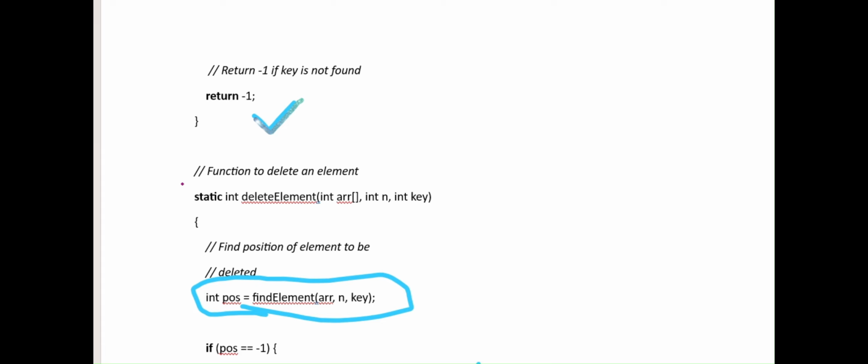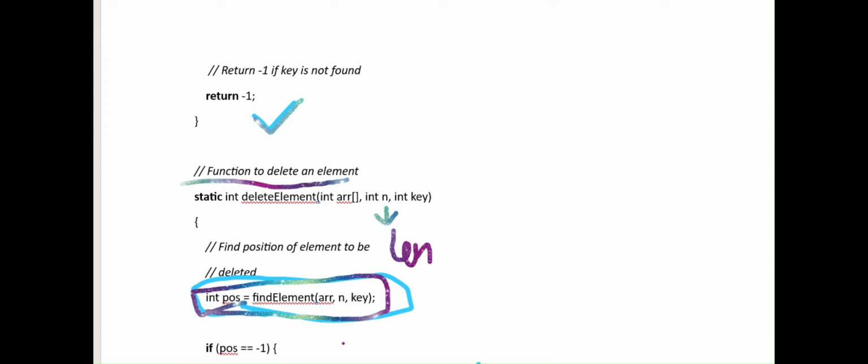Then the function to delete an element. Delete array, int n. N means array length. Key means the value we are looking to delete. Here we are storing that index value in a position.